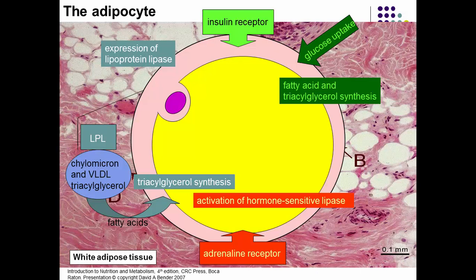Remember HSL function or activation, and then HSL hydrolyzes the triglyceride inside the cells and releases fatty acids and glycerol into circulation during starvation conditions, right? So the adipocyte plays a very important role in terms of lipid metabolism in fed and fasting conditions, right? In the fed condition, it responds to insulin, and in the fasting condition, it responds to catecholamines.